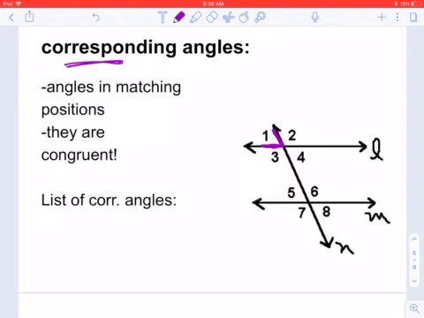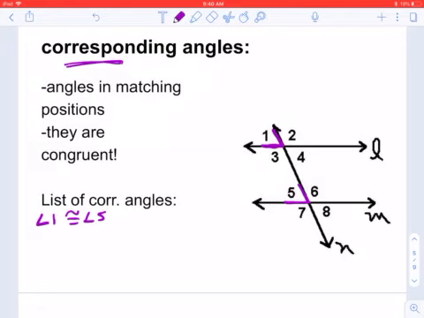Let's look down at the second set of angles, 5, 6, 7, and 8. Which one is also in the top left? Yep, angle 5. So we say these are corresponding angles. And so we're going to go ahead and list those. So angle 1 is congruent to angle 5 because corresponding angles are congruent, so their measures are the same.